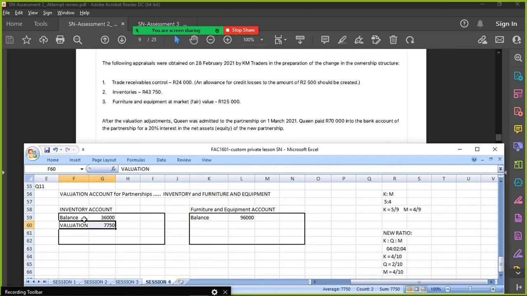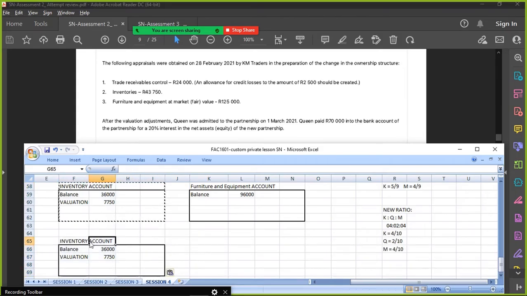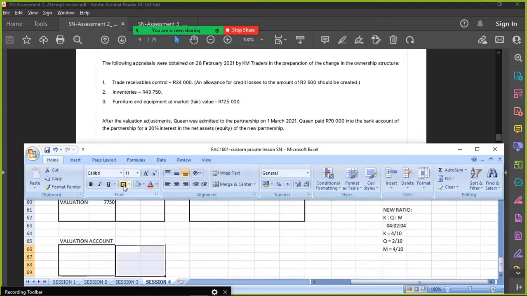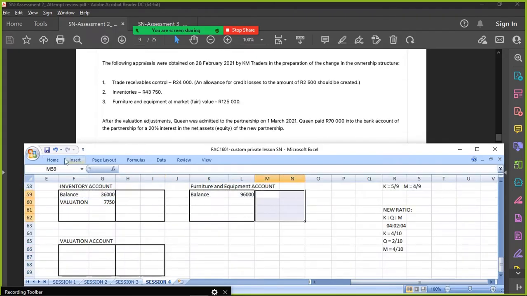I don't know how well you know your T accounts, but a valuation account is just a working account. It doesn't have a balance; it basically works itself out. If I'm debiting the inventory, I'm going to be crediting that.